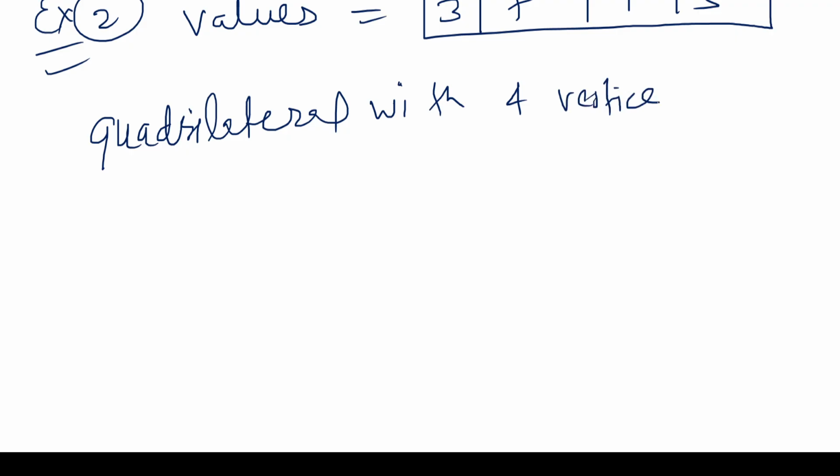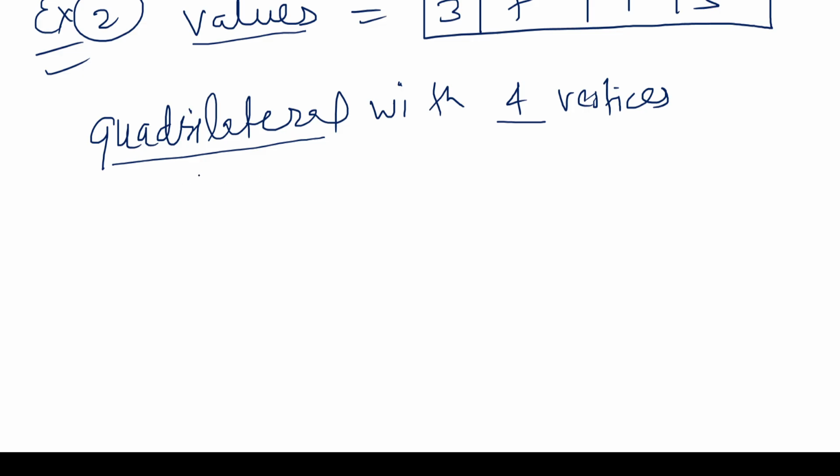So if you find values dot n, we can get the n, right? And if n is 4, this is a quadrilateral. If it is 5, we can say it's a pentagon, if 6 hexagon, 7 and so on. We can get the n and assume that this is our polygon.